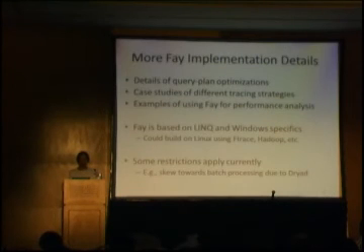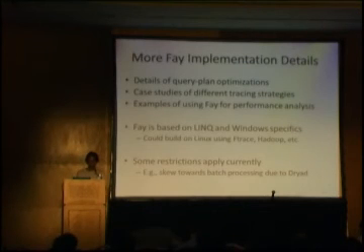There are many things that I haven't told you about in this talk that are all in the paper. Especially, I haven't told you in detail how Fay does the query plan optimizations to do the early aggregation. I also haven't told you about the different case studies of the tracing strategies that we have implemented that stem from previously published tracing systems. There are also some examples in the paper of using Fay for performance analysis that people inside Microsoft did to analyze their systems.